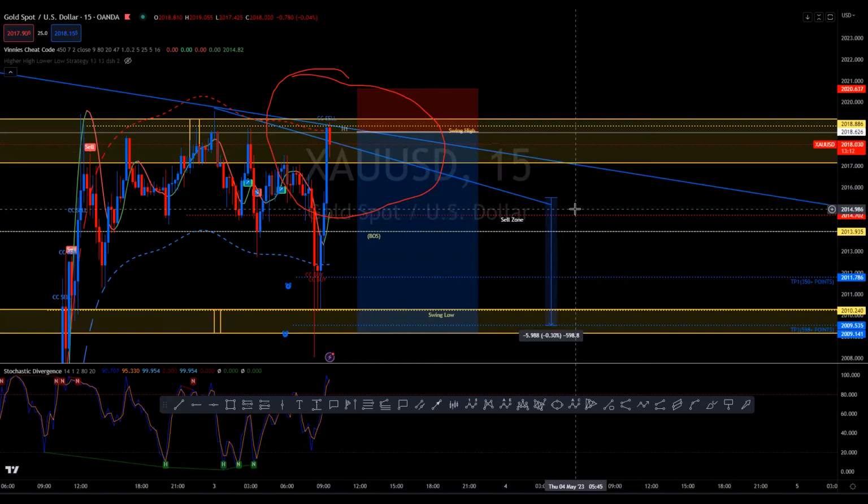The price might retrace back and test that area, and then it'll probably mostly drop.